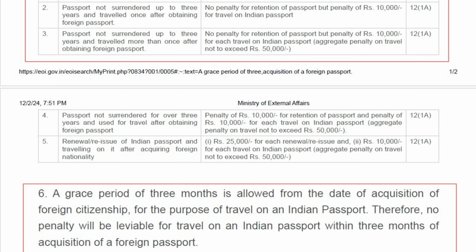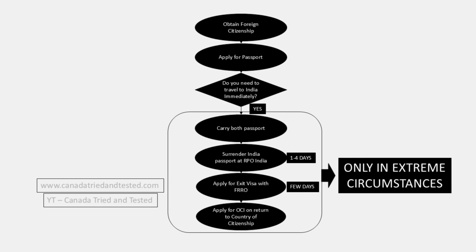Once they were done with the surrender at RPO, they applied for an exit visa with FRRO. That was one additional process which had to be done because your Canadian passport did not have any visa. Remember, you were traveling with two different passports, Canada and India. Once they did the update, they got the exit visa, and with that exit visa, they traveled back to Canada.